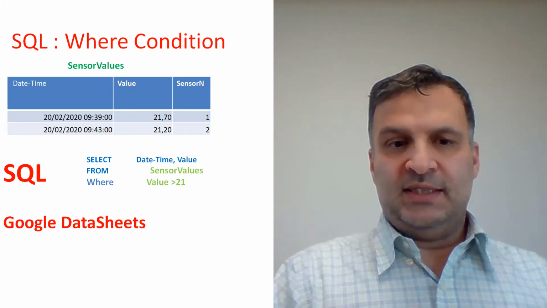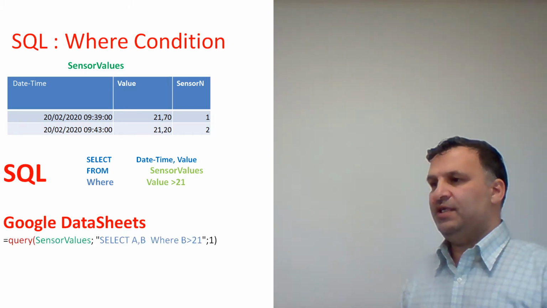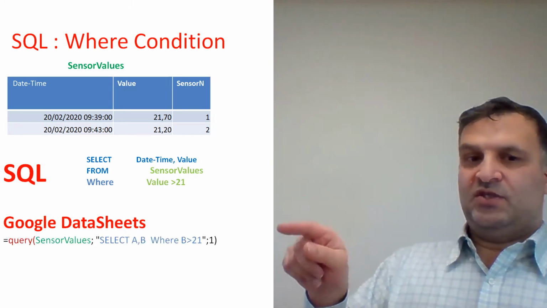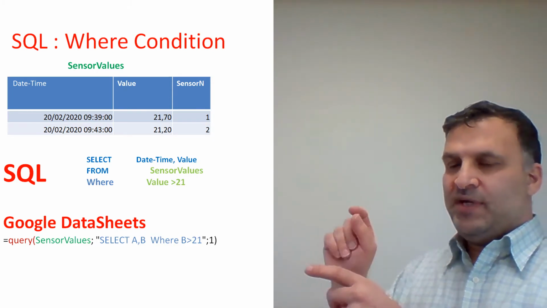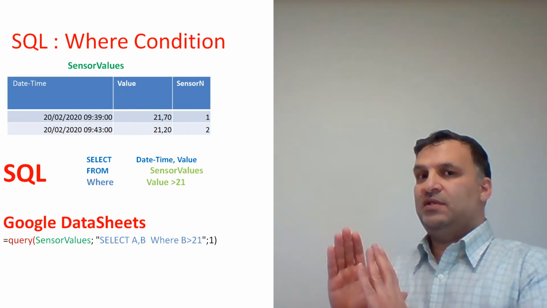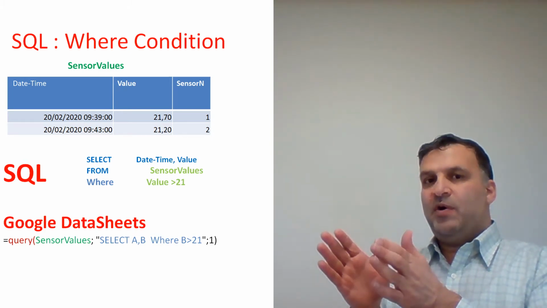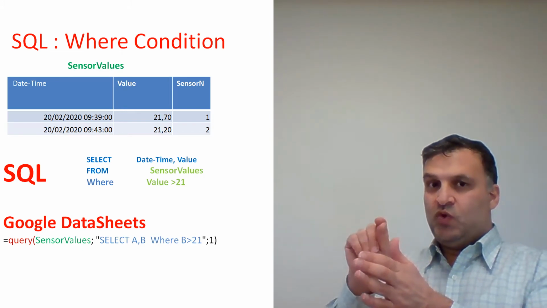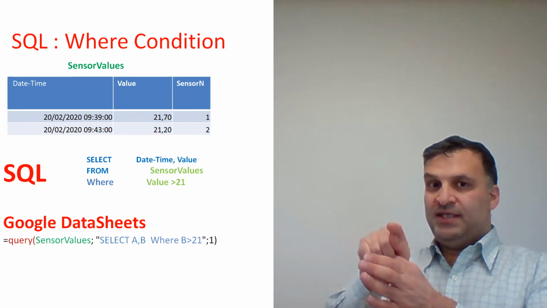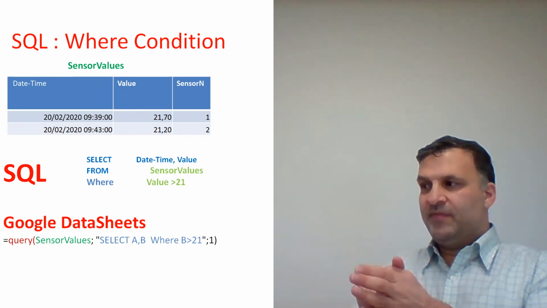The corresponding Google Sheets query: sensor values is the name of the table, select A, B. So here we should know where we put our table in the sheet, and we should choose the name of the column of the sheet, not the name of the table.